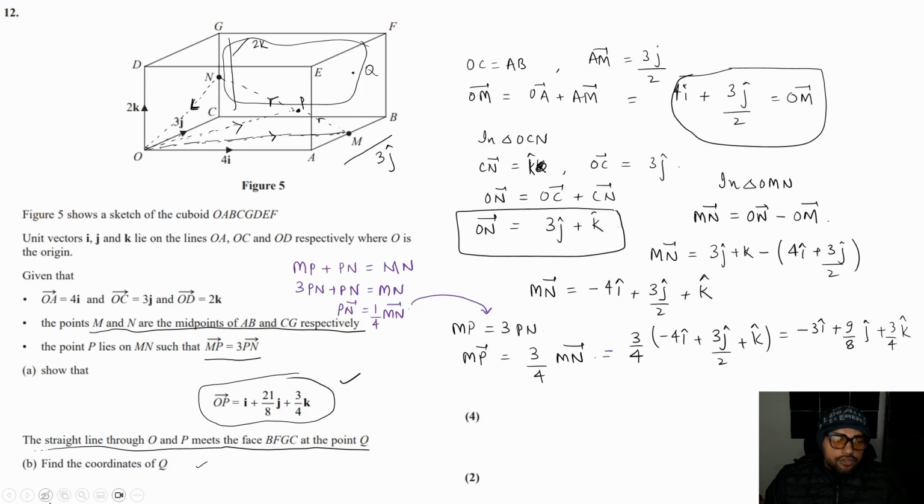Students, in the question, OP and OQ have the same y component, only the x and z components of this vector will vary. So the y component here is 3j.